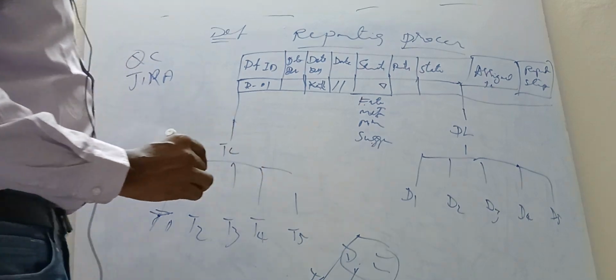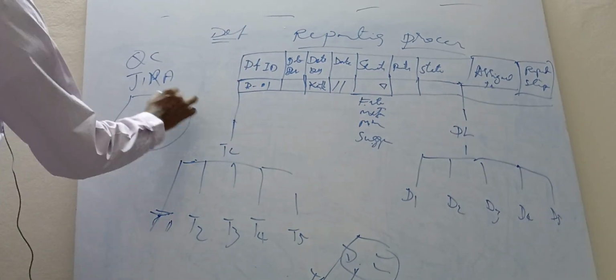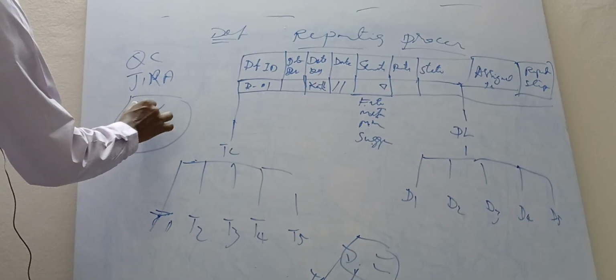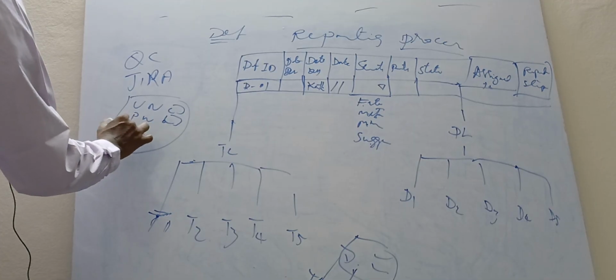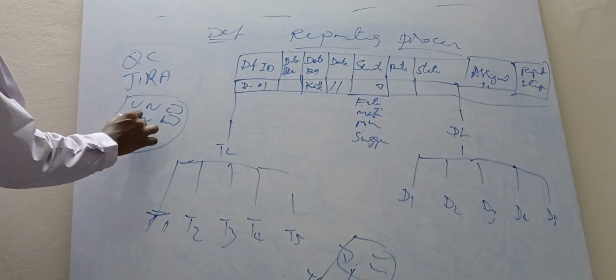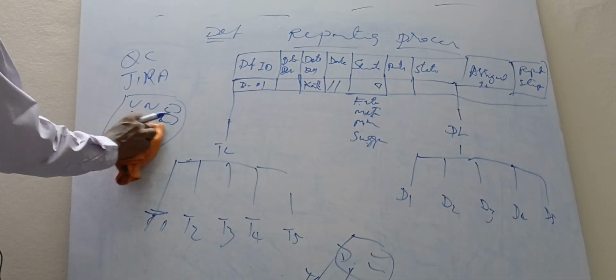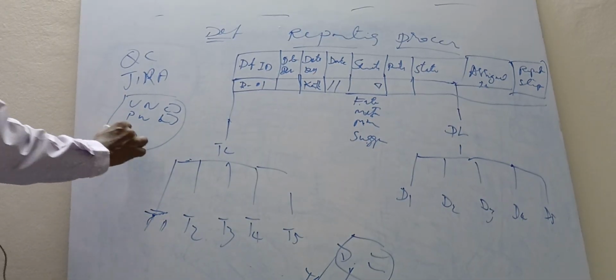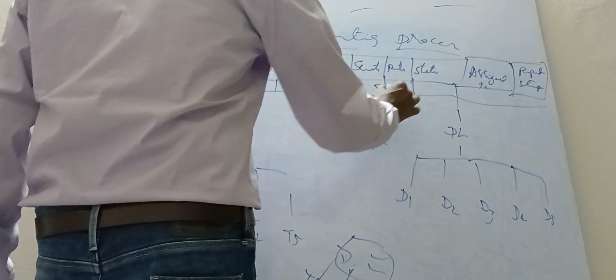Fatal means, suppose there is a username, password, and OK button, and the OK button is not there. Then you will not be able to move forward, right? So that is fatal. You have to put the severity as fatal.